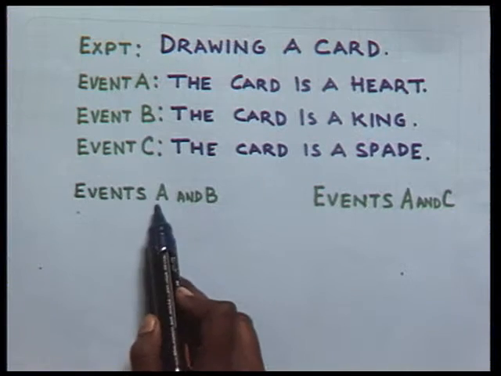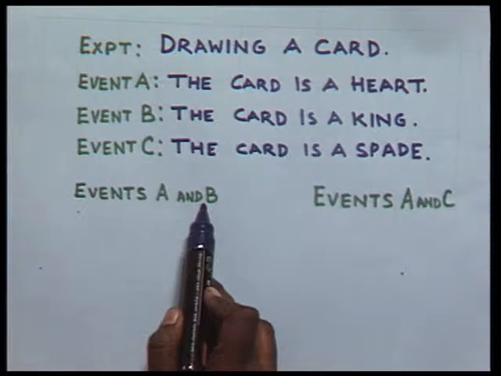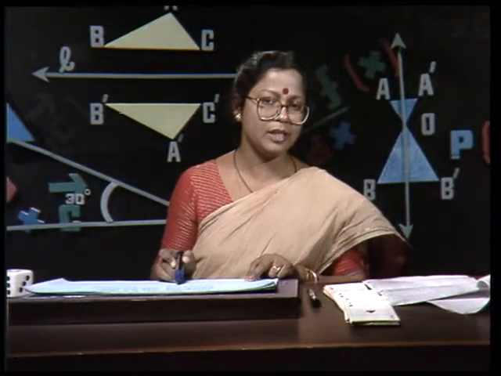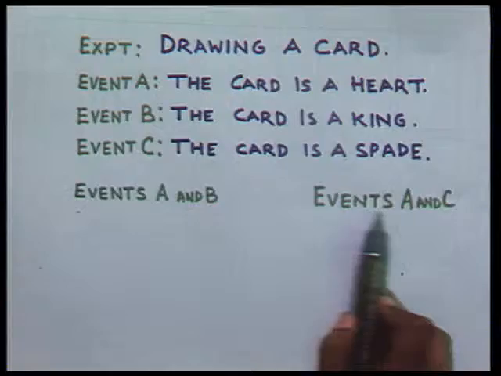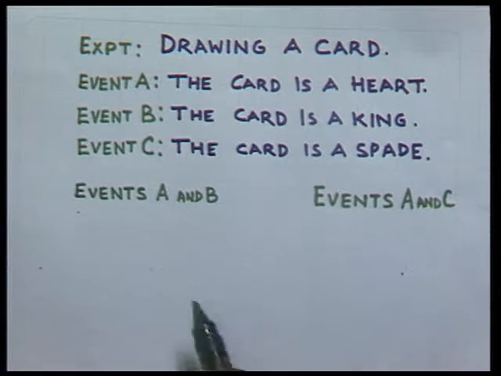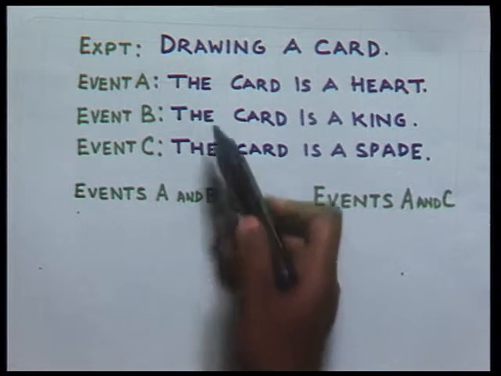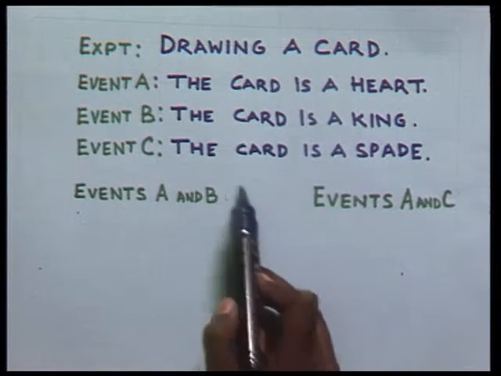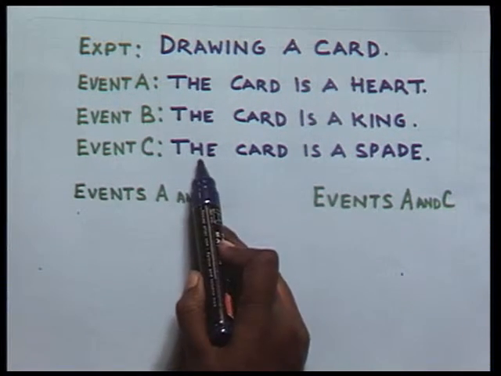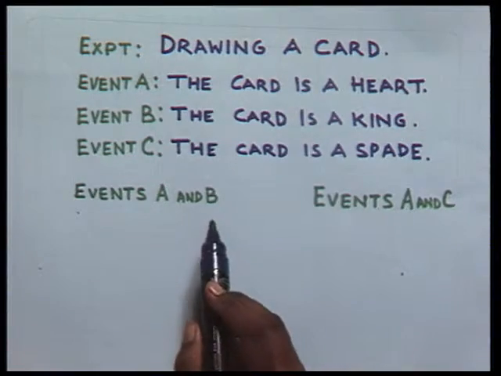So, the events A and B are not mutually exclusive events. Now, consider the events A and C. Event A is getting a card which is a heart and event C is the card is a spade.